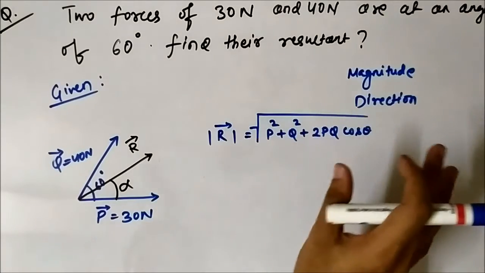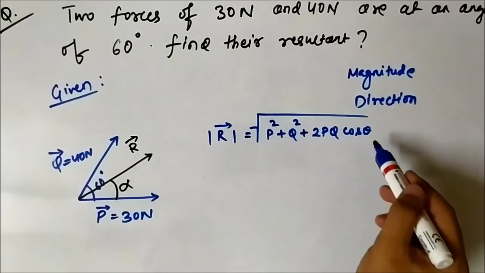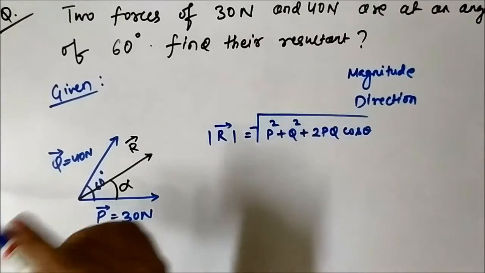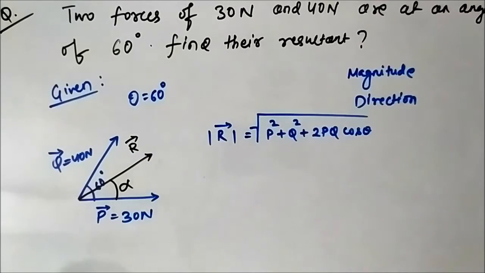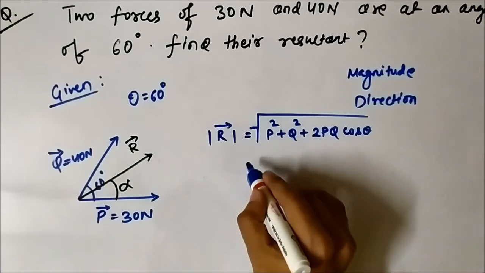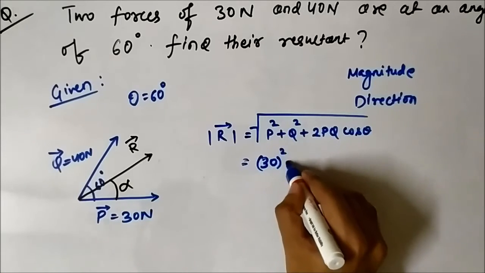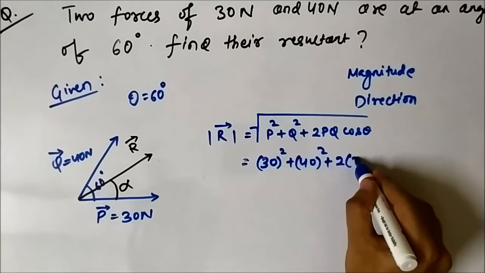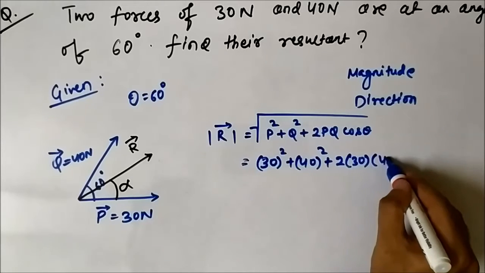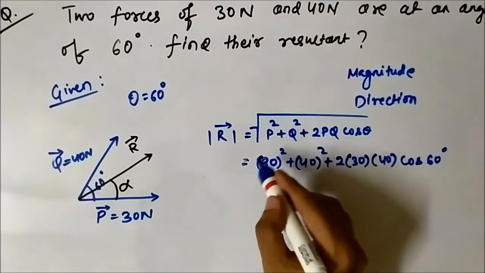Now we just have to put in the values. P is equal to 30, Q is equal to 40, theta is equal to 60 degrees. So it will be 30 square plus 40 square plus 2 times 30 times 40 times cos 60 degrees.